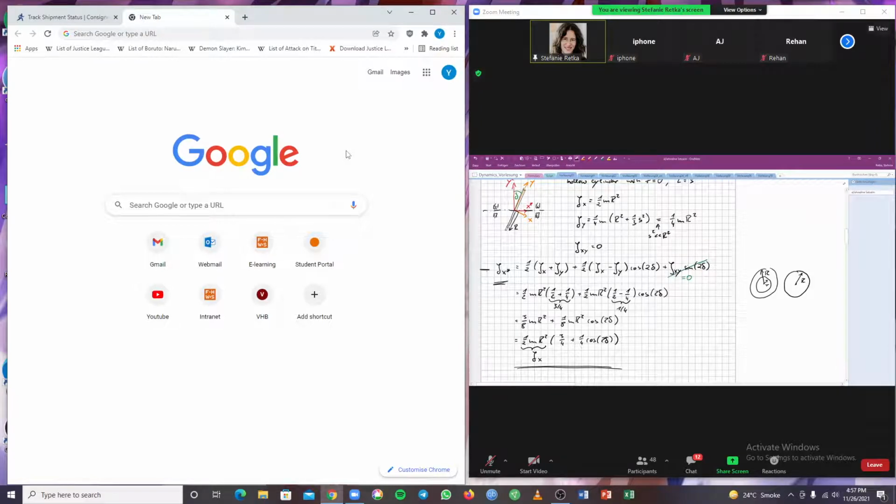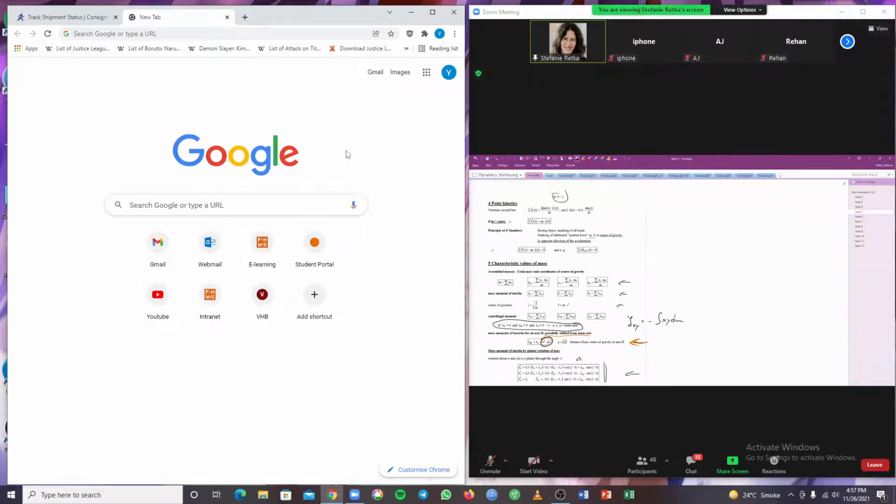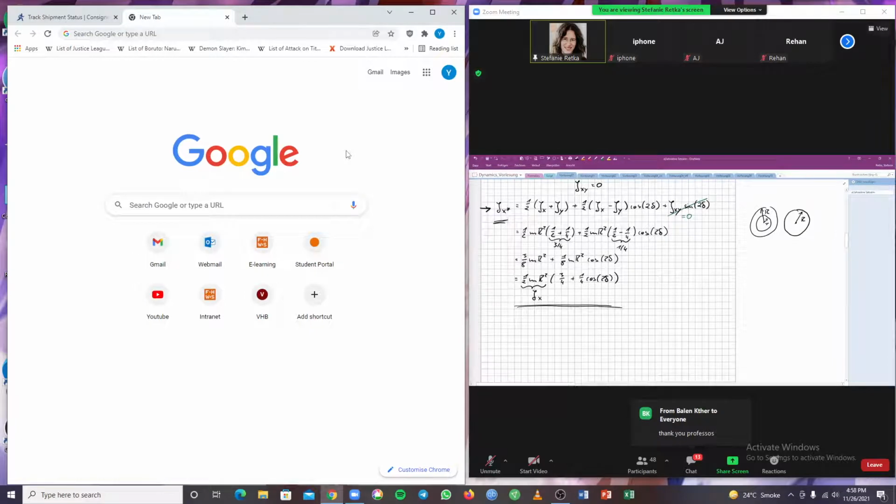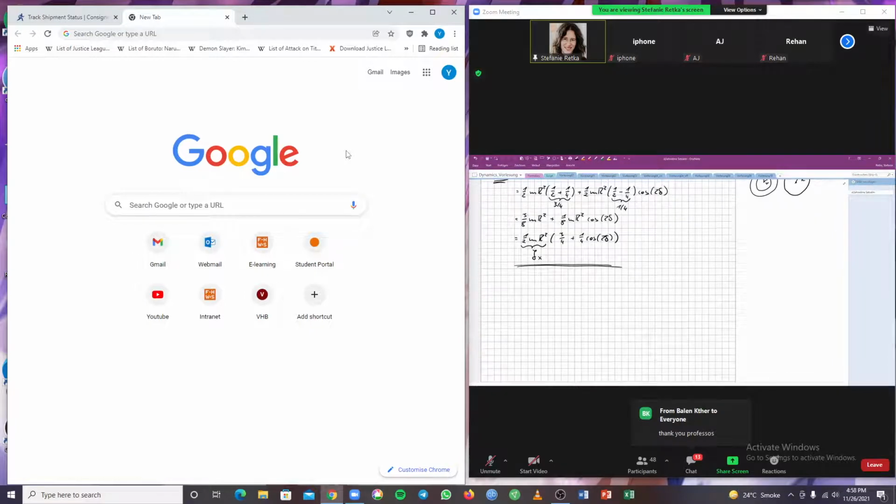This equation right here is stated in the formulary. That's the first line, rotation of the axis. I just copy it from the formulary. Okay. Maybe instead of solving another problem, let's do a small example concerning the centrifugal moment.